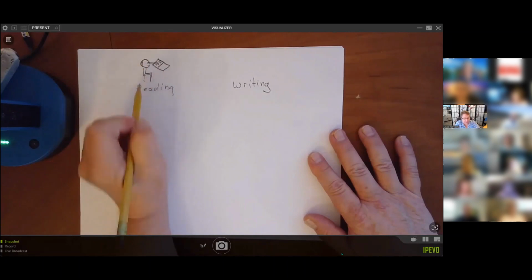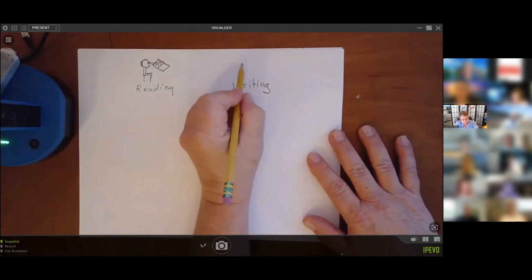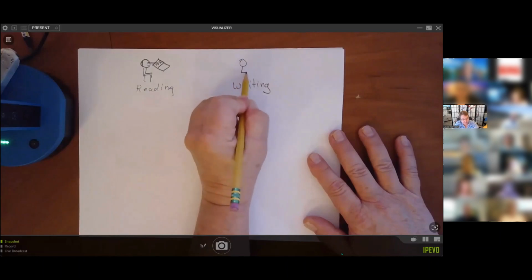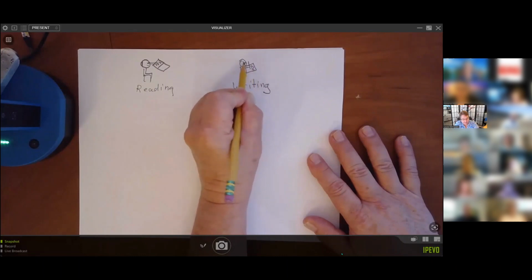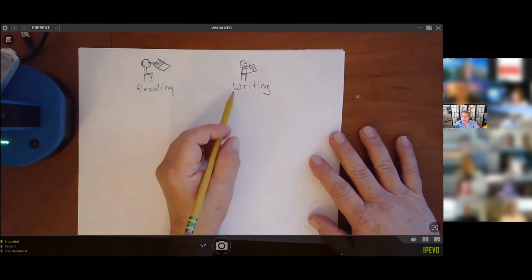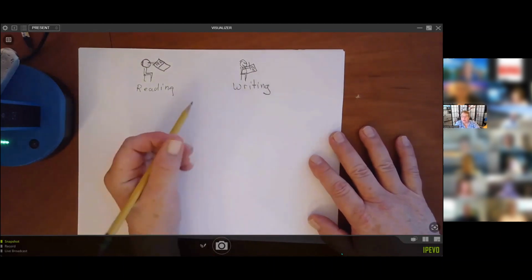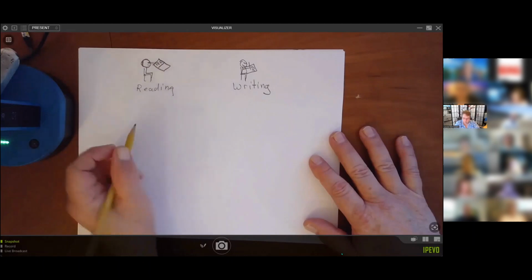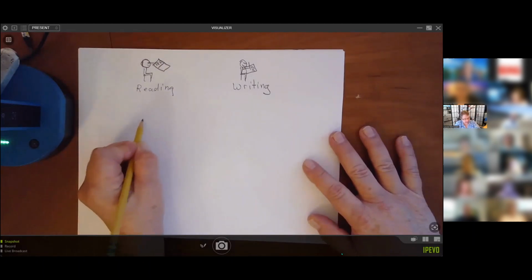So if you're going to have a reader, then you have to have someone who writes what you read. So the opposite process is writing. So reading is more of an internal take it in process, and writing is a more external put out information process.